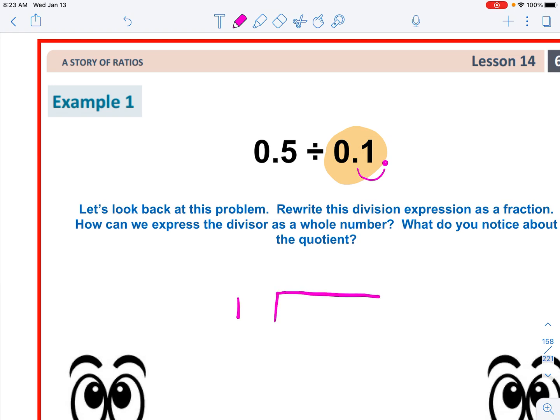Okay, whatever I do to the divisor, I have to do to the dividend, which in this case is 0.5 or 5/10. Okay, and you have to move the decimal the same amount of times that I moved the 0.1. Okay, so it's going to be 1 time, and now my new problem turns into 5 divided by 1, which equals 5.